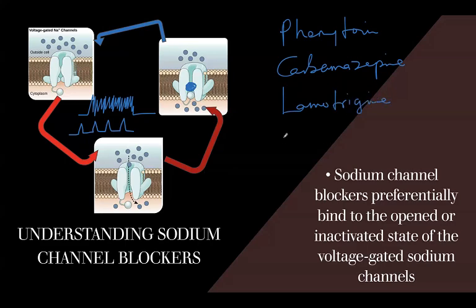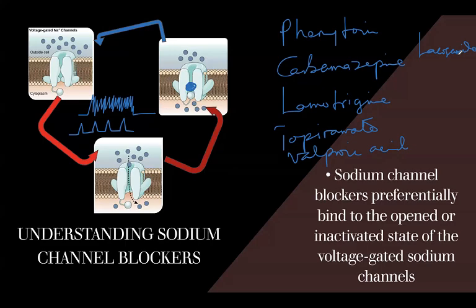We could think of topiramate. Then we could even think of valproic acid. Sodium valproate is a salt form of that. We could also think of lacosamide, one of the newer agents, relatively newer compared to phenytoin and carbamazepine.